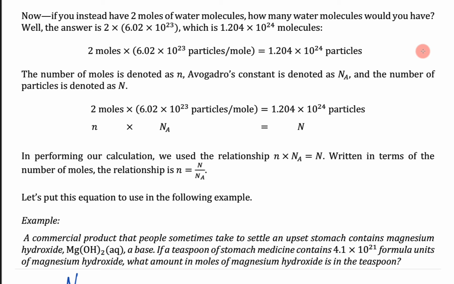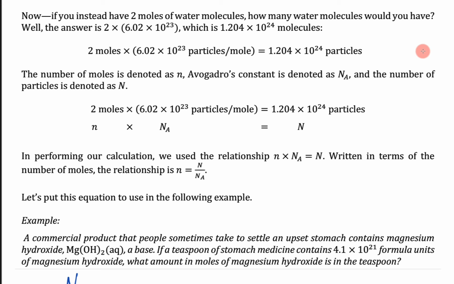The idea is that if you have a mole of something, you have 6.02 times 10 to the 23 of those things, whatever those things are. So if you have a mole of water molecules, you have 6.02 times 10 to the 23 water molecules. If you have a mole of magnesium hydroxide formula units, then you have 6.02 times 10 to the 23 magnesium hydroxide formula units.